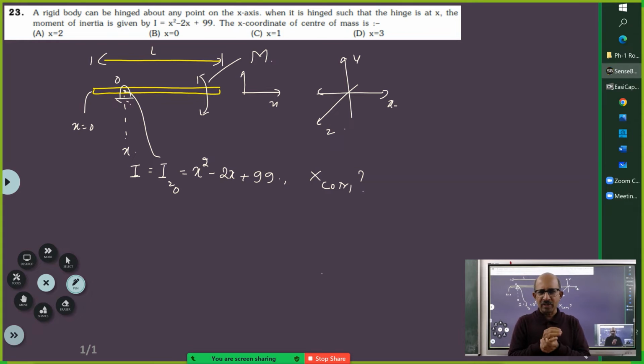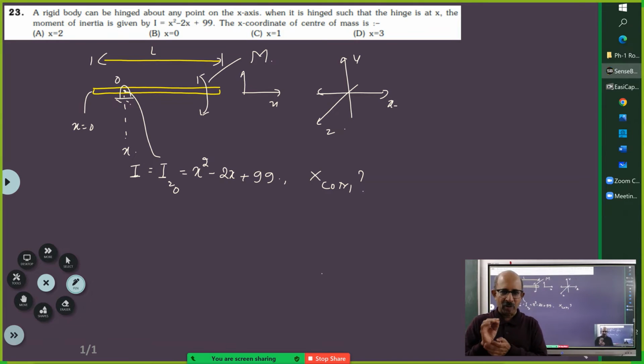Where have you come across x-com, the center of mass, in the entire chapter? Under some section in this particular chapter, RBD, you have come across x-com. Which section? If you have studied NCERT properly and done at least what I have told, you will definitely tell.